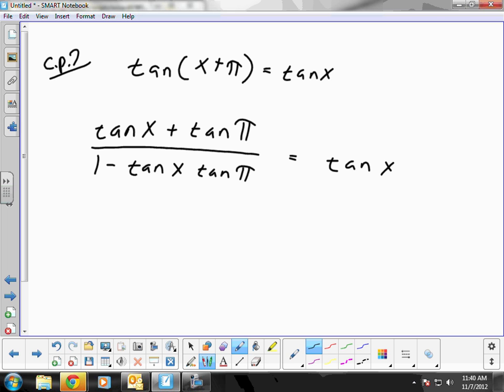Now, tangent of x I can't do anything with, right? That's just a variable. But I do know what the tangent of pi is. What's the tangent at the 90 degrees? I mean at the 180. 0.